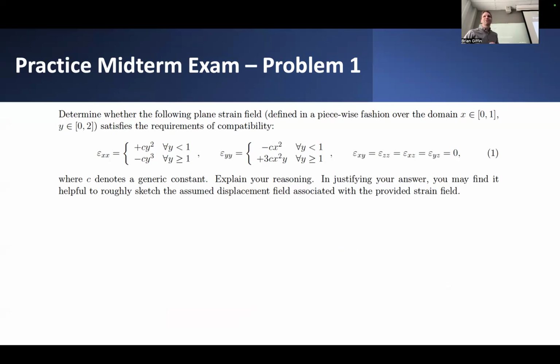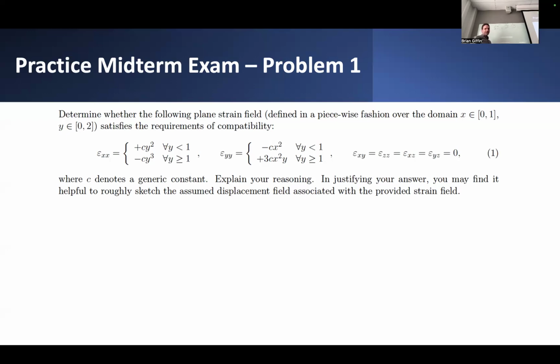Remember, epsilon xy is just 0. So its partial derivatives with respect to x and y are just going to go away. So if we had, let's say, partial epsilon xy, this term is 0, right? And then whatever we have left is just what was just shown. Epsilon xx with respect to y squared, epsilon yy with respect to x squared.